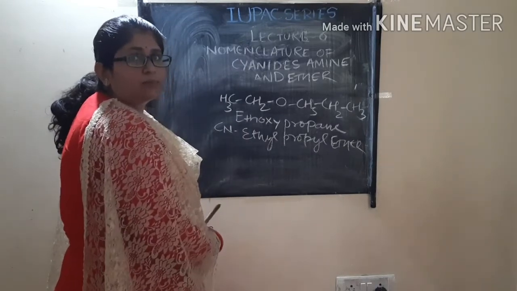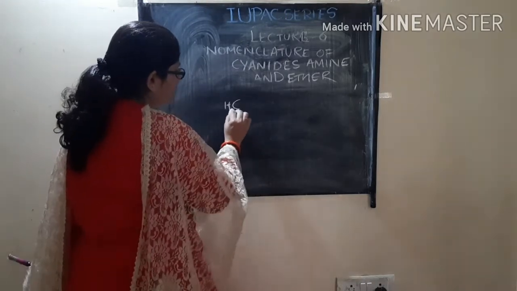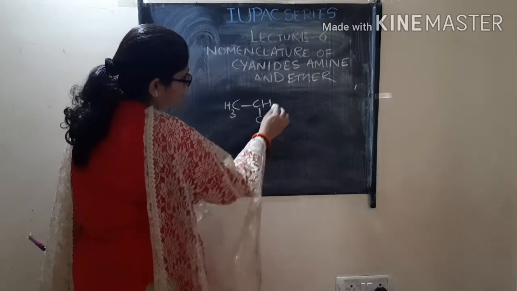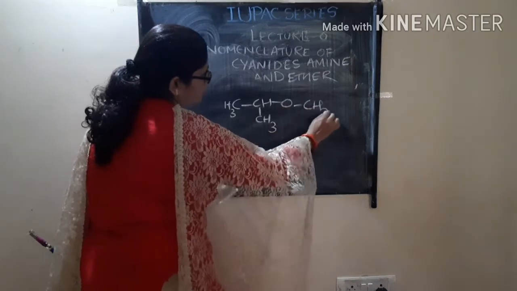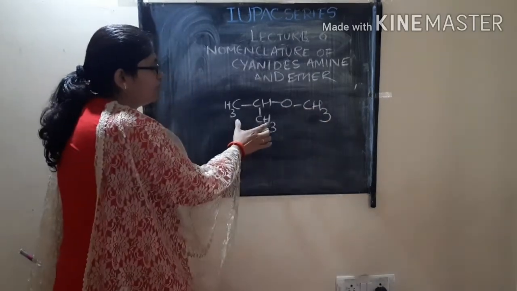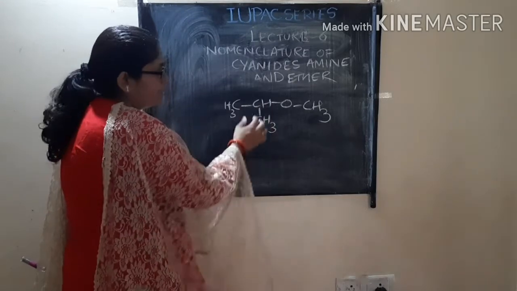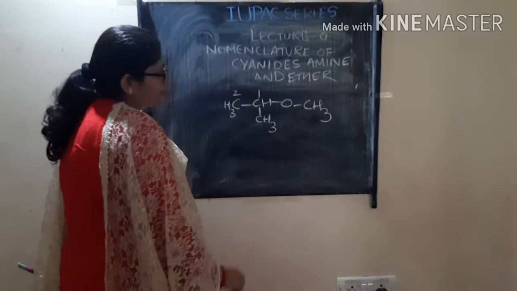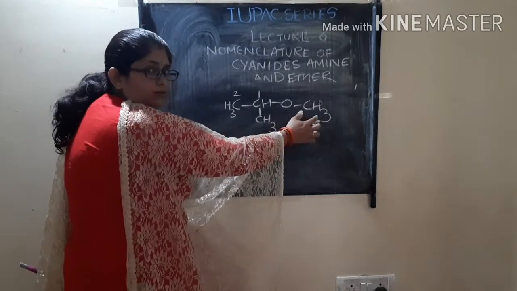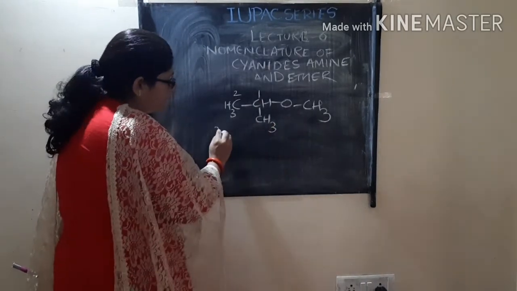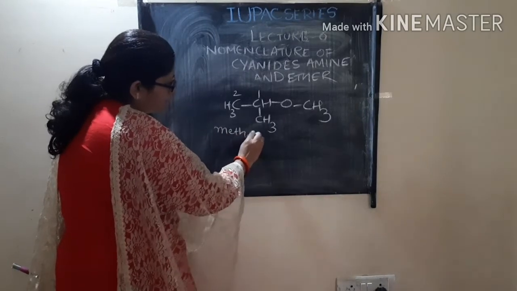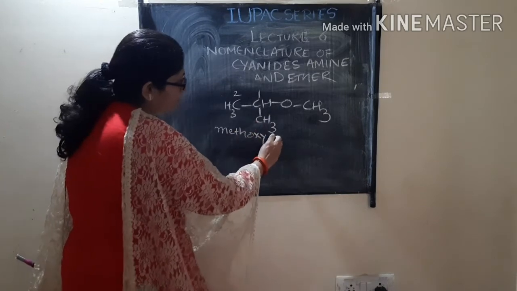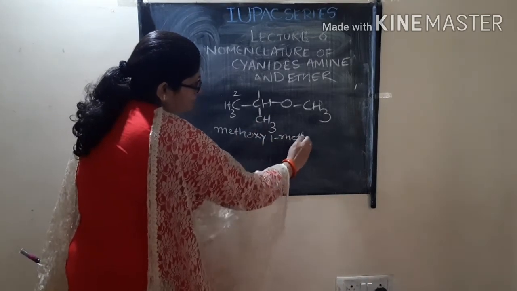Now let us take some more examples. See, students, here you have got the branching. So it will be 1, 2. This is a smaller group. So it will be methoxy. Then at the first position of this group you have a methyl group. So it will be 1 methyl.